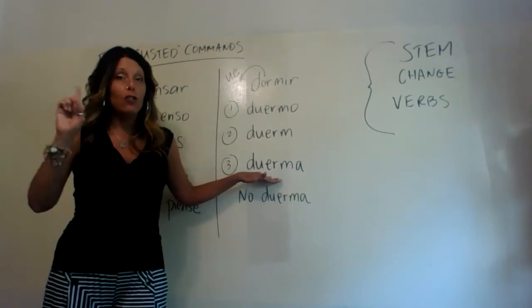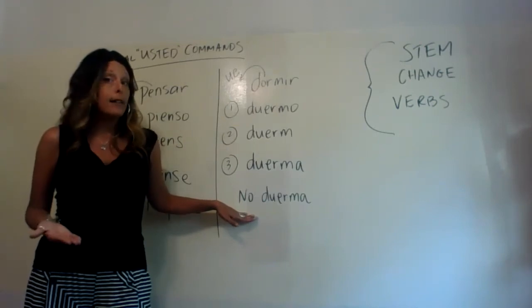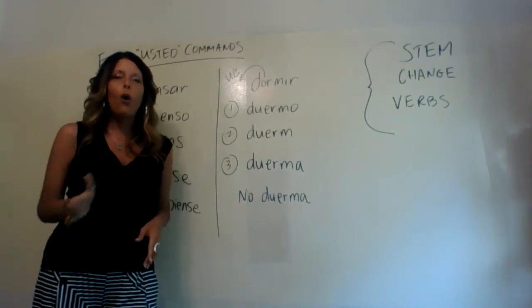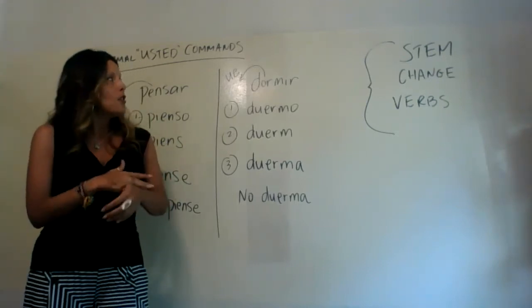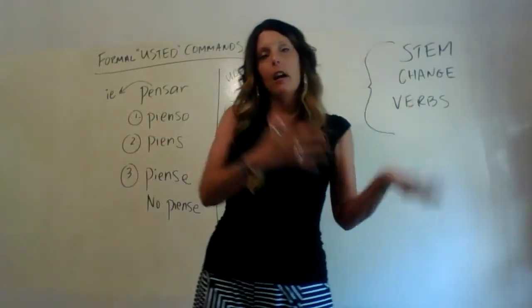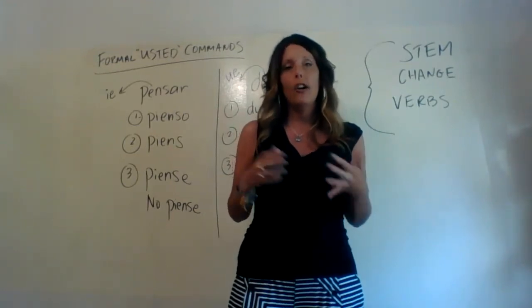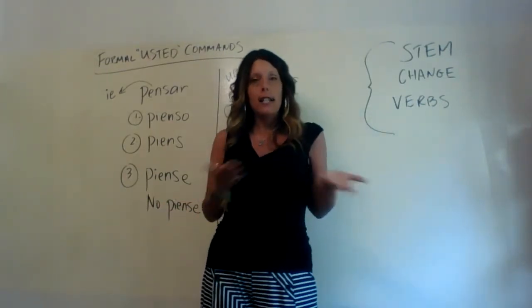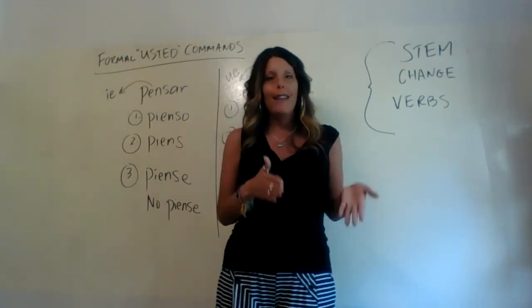But if I wanted to say don't sleep, then we just add the word no on the front of it, but our duerma stays the same. So I will say sleep, duerma, but don't sleep, no duerma. Still spelled D-U-E-R-M-A. So these are examples of an AR verb and then an ER or, in this case, an IR verb. Examples of stem change verbs that are E to IE with the verb pensar, our first example, and then in our second and last example, with the verb dormir, an example of an O to UE stem change verb.